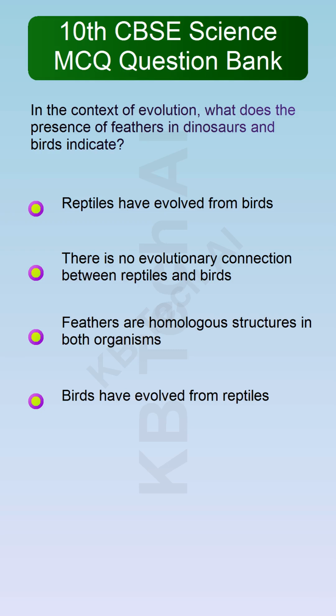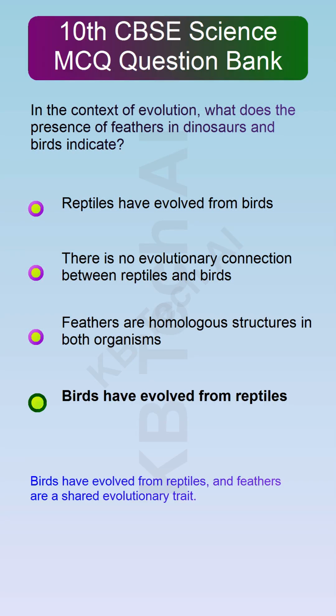Option 1, reptiles have evolved from birds. Option 2, there is no evolutionary connection between reptiles and birds. Option 3, feathers are homologous structures in both organisms. Option 4, birds have evolved from reptiles. The answer is, Option 4, birds have evolved from reptiles.